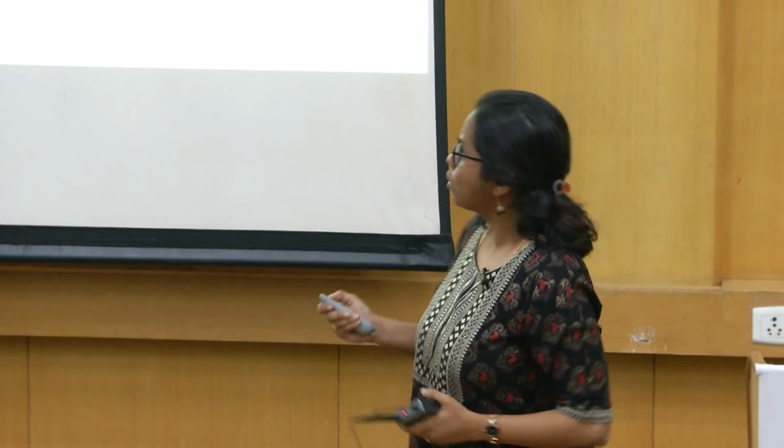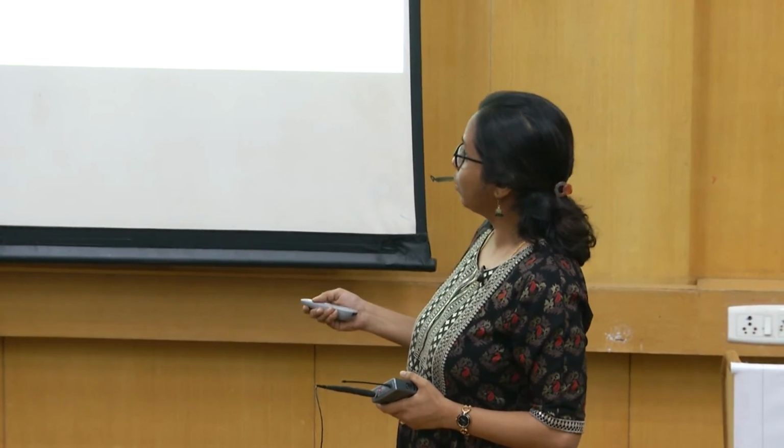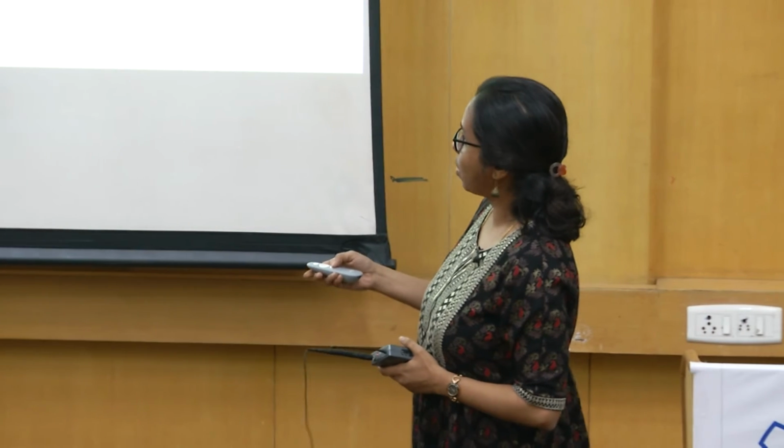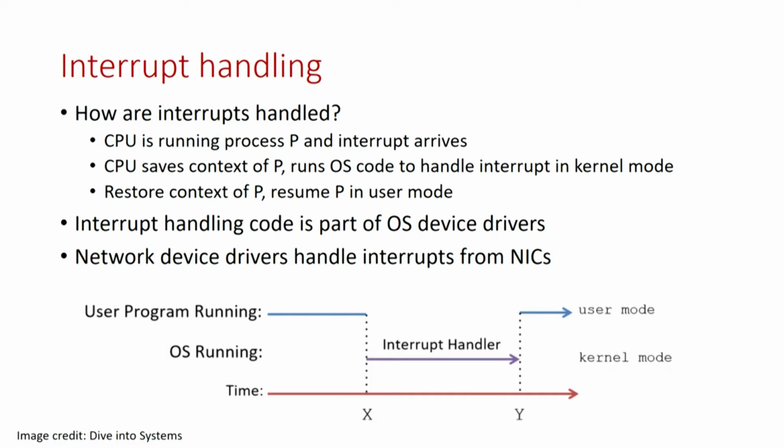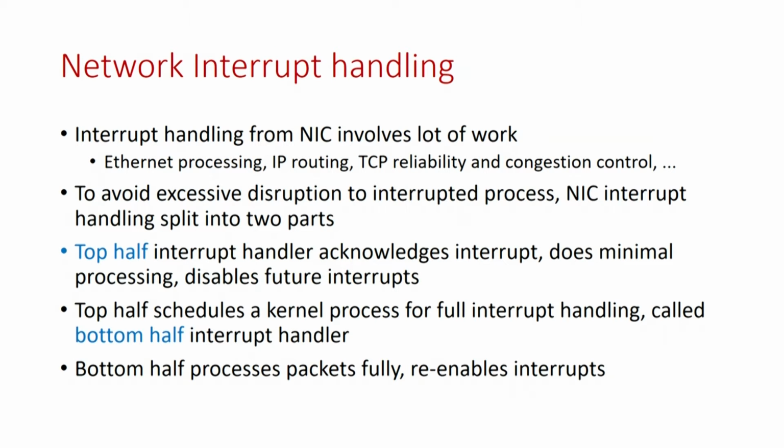You have to do layer 2 processing, layer 3 processing, IP routing, you have to do the checksum, and if you've studied TCP congestion control, there are these large algorithms that have to be run. Is there a loss? Should I increase my congestion window, decrease my congestion window? There's a lot of thinking to be done. Doing all of that during the interrupt handling, when this process has been interrupted and some other process was running, is very cumbersome.